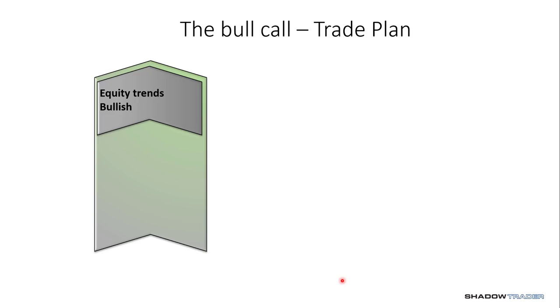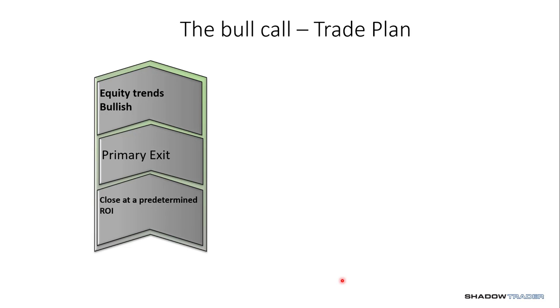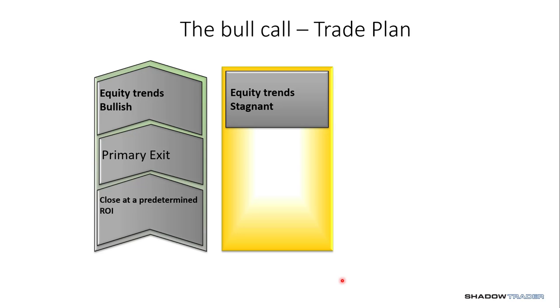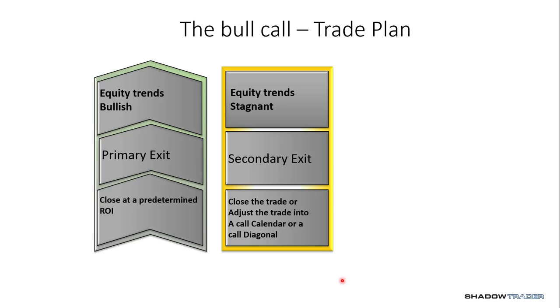Okay. The trade plan for the bull call. If the equity is trending bullish, I've got a primary exit. I can sell it at that exit, so I close it at a predetermined return on investment. If the equity is stagnating, not what I want, I go to my secondary exit: close at a loss, or adjust into another type of spread trade.